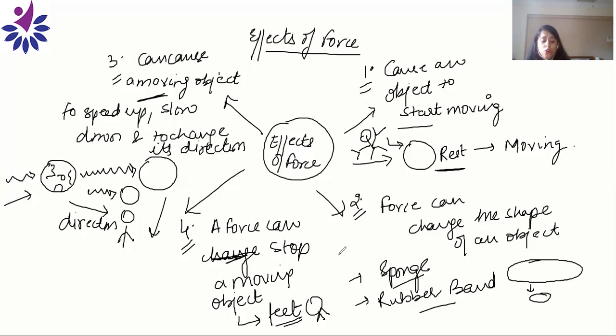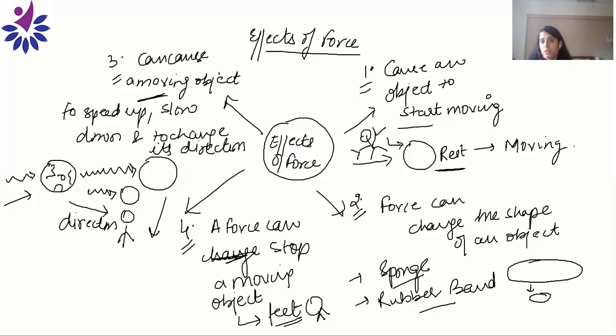Okay, so you think and tell me, is it important that every time we apply a force, these changes might happen? Like for example, if you want to pull a train with your bare hands, can you do that?